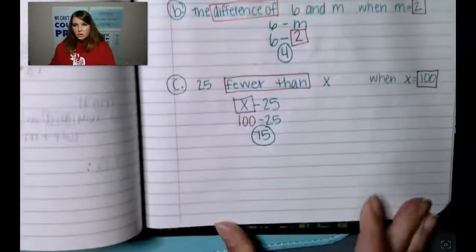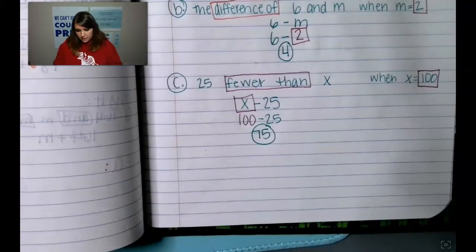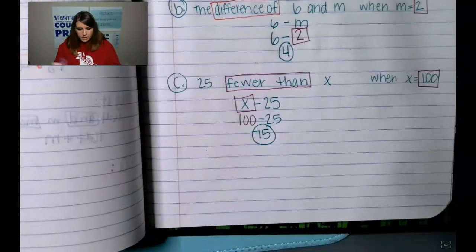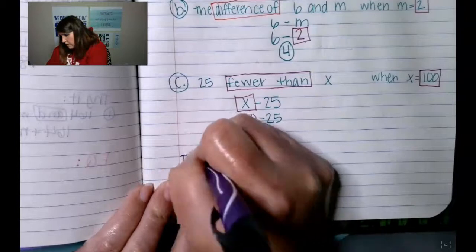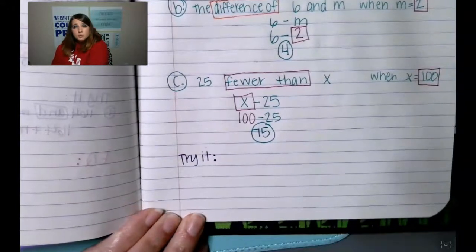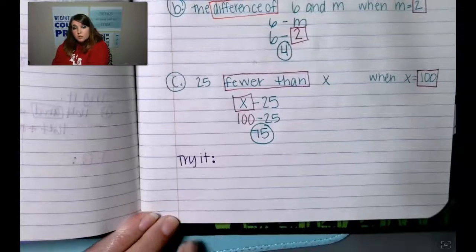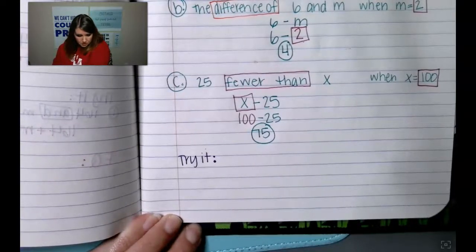Okay, it is your turn to do a try it. Let's get a different color here. All right, your try it time. You need to first write a math expression, and then after your math expression, you need to evaluate, you need to solve.